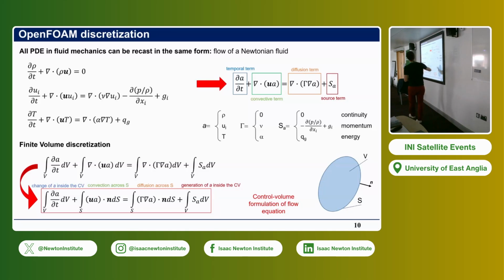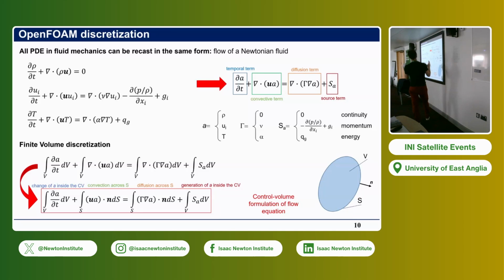If you take the continuity, momentum, and energy equation for a single phase flow, you will see that they all have the same terms. There is a temporal term, a convective term, a diffusion term that is 0 in the mass equation. There is a source term, which in the momentum equation is the pressure gradient and gravity term. In the energy equation it is any source of heat that you may have.